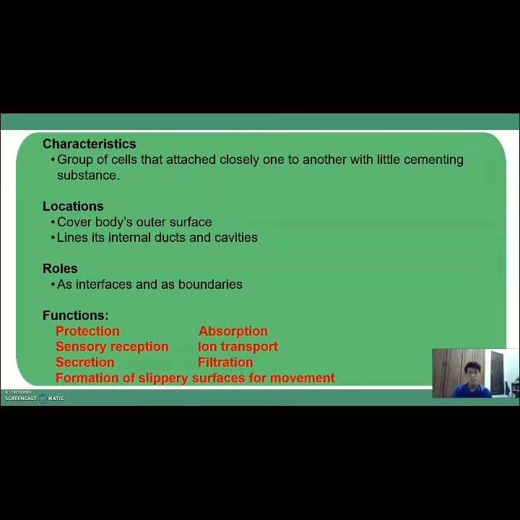Epithelial tissue acts as an interface and as boundaries. The functions of epithelial tissue are protection, absorption, sensory reception, ion transport, secretion, filtration, and formation of slippery surfaces for movement.